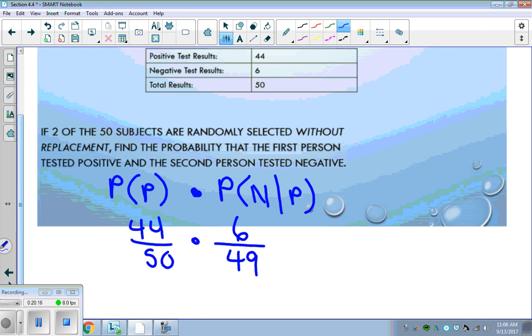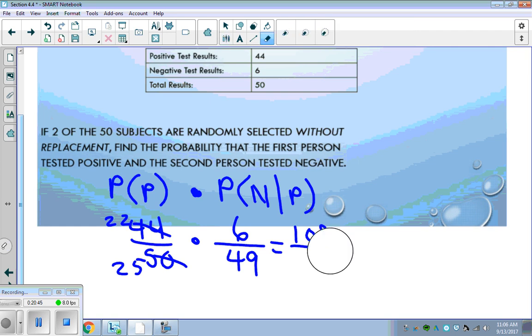I hear everybody calculating. The first thing I would do would be reduce the fraction, make it easy. This can go down to 22 over 25, so at least that makes it a little easier, right? So 22 times 6 and 25 times 49 is... Give me the fraction so that we have each step.